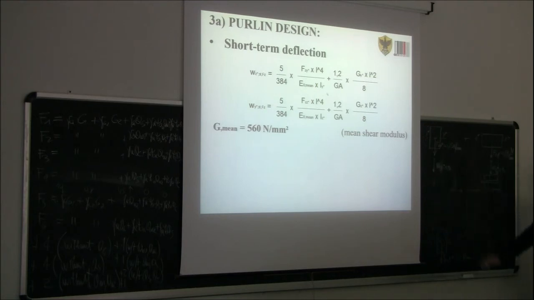Should be this way. I think there is a problem on the subscript, not a problem on the calculation. If here you just put f z asterisk and here f z y asterisk, then everything should be fine.